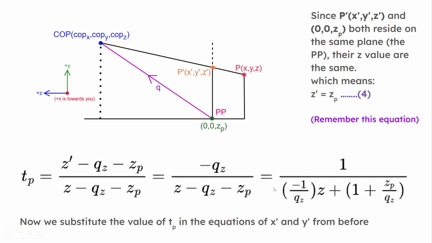So what we have here is tp equals 1 divided by this whole big thing. One thing you may notice is that we no longer have z prime here. Another thing we got is z prime equals zp, which means if we know the value of zp, we already know this z prime value.